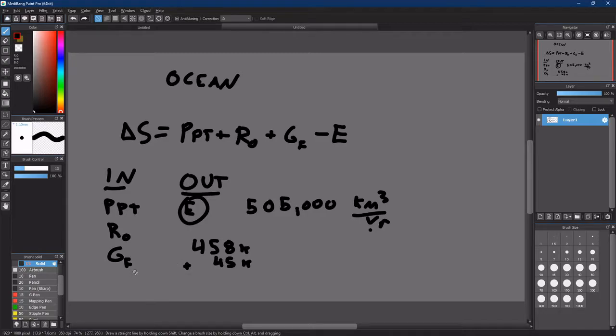And then groundwater flow. So where is that listed? It's listed weird. It's not listed correctly, but it's that last line on that Table 1. So runoff is what it says. From the groundwater to the ocean is 2,000 cubic kilometers per year, which is 505,000 cubic kilometers per year.